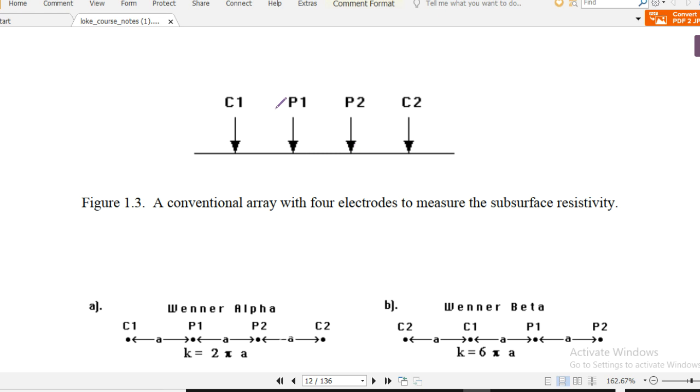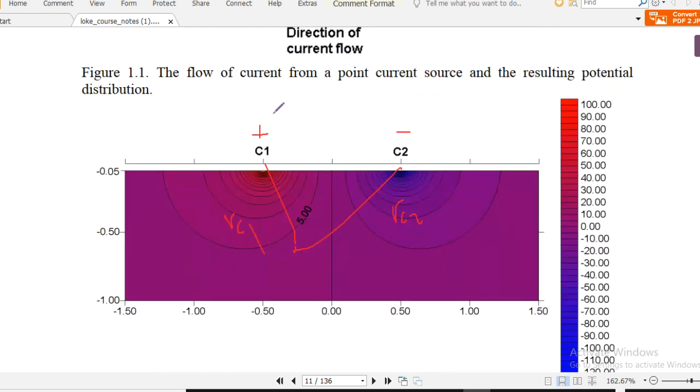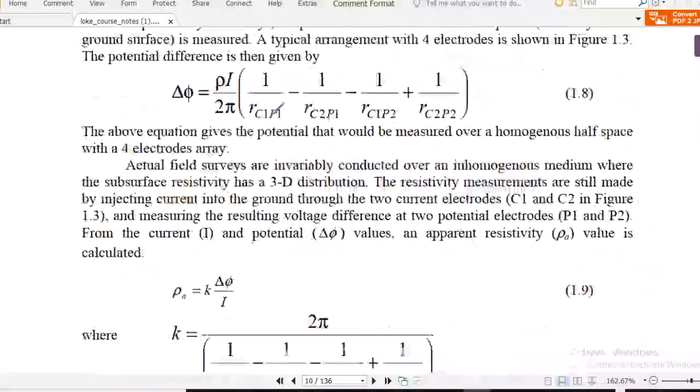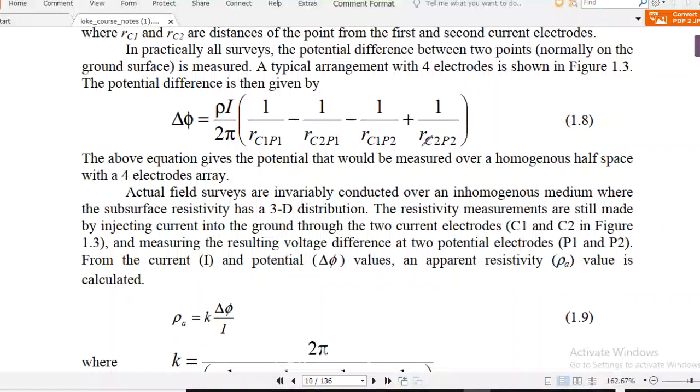When you calculate this, we get 1 over R C1 P1, minus 1 over R C2 P1, minus 1 over R C1 P2, plus 1 over R C2 P2.